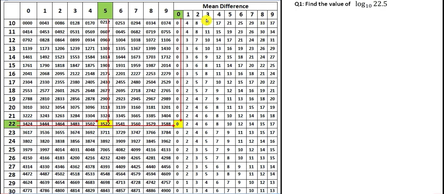In some logarithm tables, this particular column where it is 0 may not be available. But remember that if it is 0, then all these values are going to be 0. Now let us understand how to find these values by using an example.